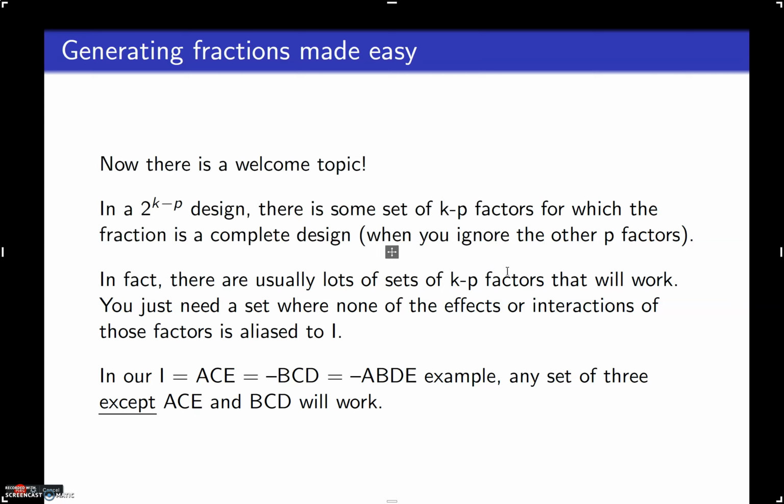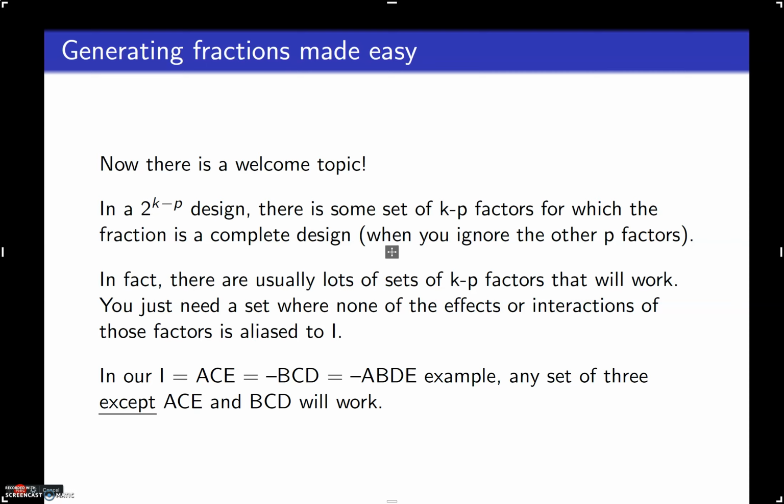In fact, there are usually lots of sets of those k minus p factors that would reasonably work. You just got to somehow figure out a set where none of them are aliased to your I, your defining contrasts that help you come up with the fractional set.